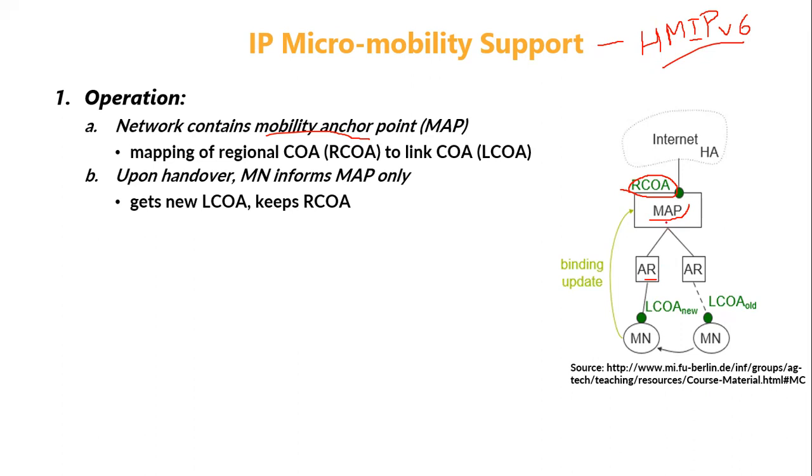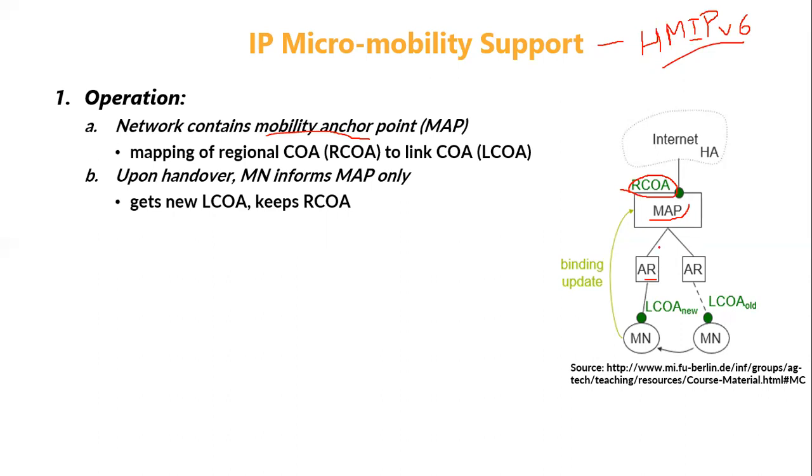So basically, these ARs define the boundaries of the mobile anchor point by advertising the details of the MAP. This is what the AR does.